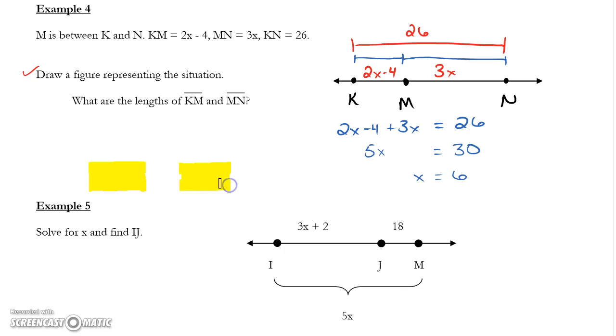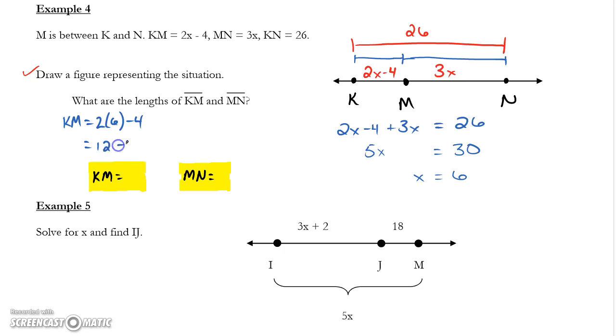But I'm not ready to do that quite yet, because I can't know what segment KM's length is or what segment MN's length is until I plug that 6 back in for x in both situations. So I know that KM is 2 times 6 minus 4.